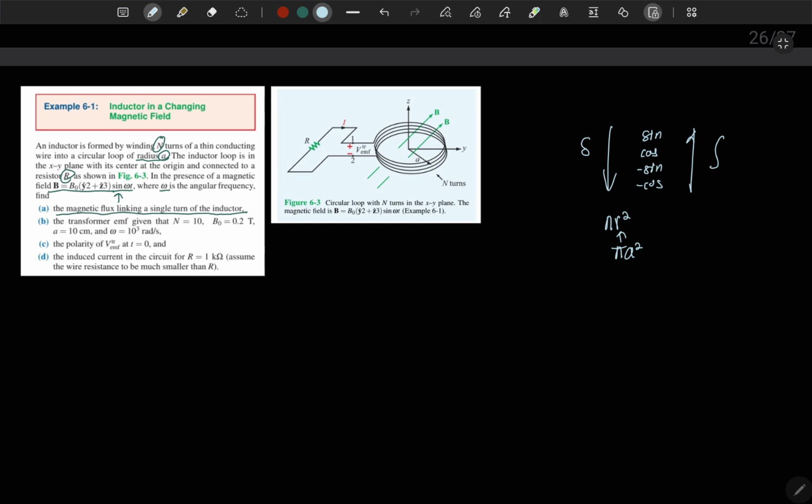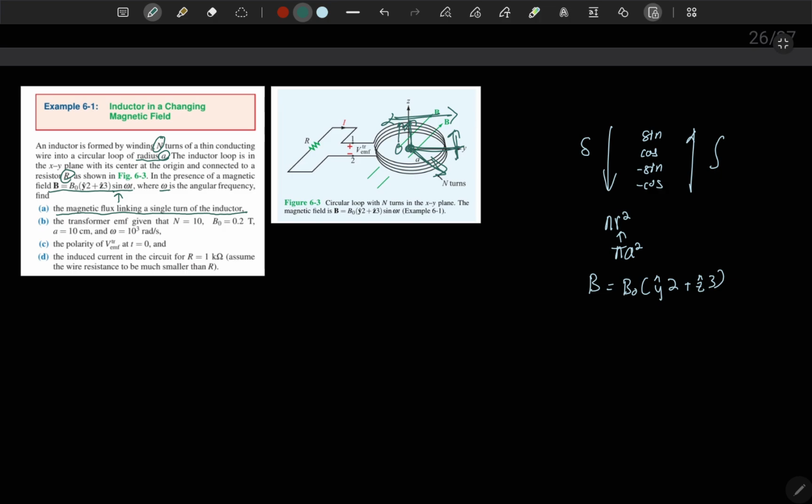Now the other thing that is given is the magnetic field, B naught times y2 plus z3. They mentioned that the loop is in the xy plane, but the loop is higher in the z direction, meaning the only thing that's changing is from ground to z.